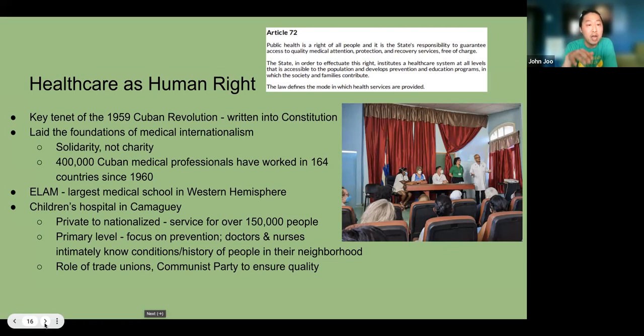When one of us asked, why are you here? What is your role in this hospital? that person said, my role here is to ensure that the people in this community get the best quality care. And I cannot imagine either the Democratic Party or the Republican Party having any role in making sure that hospitals here in the US ensure better quality of care. In fact, it would definitely be the opposite of that.